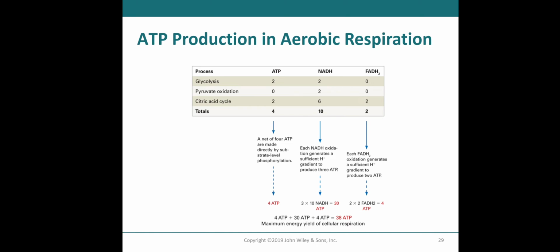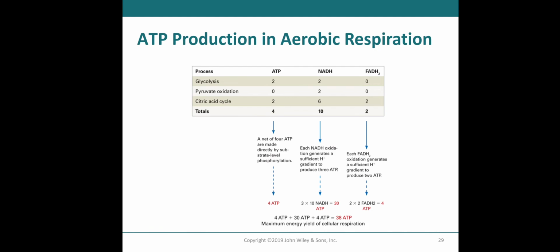And for FADH2, you have around 2 ATP for every FADH2. This is from our textbook. So you have 2 times 2, that's 4 ATP. Counting them off, you have a net total of 38.